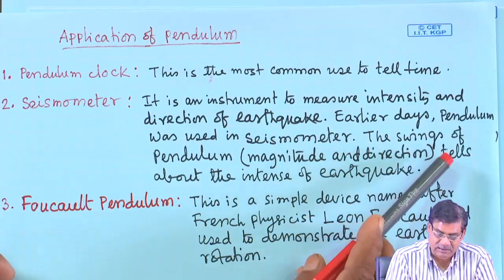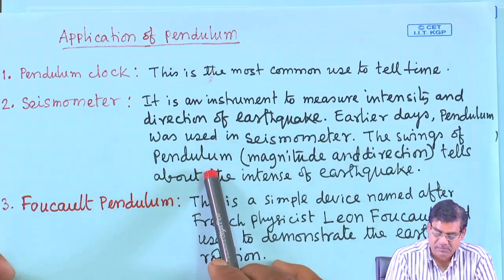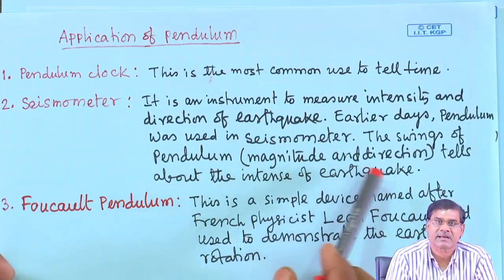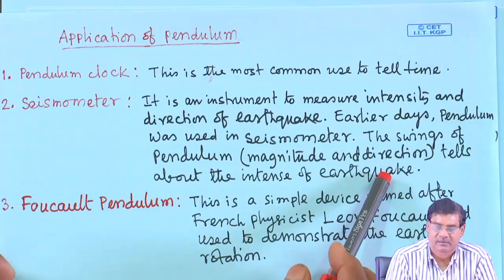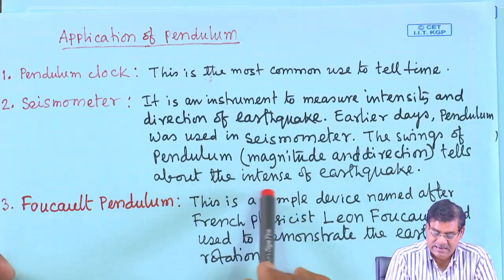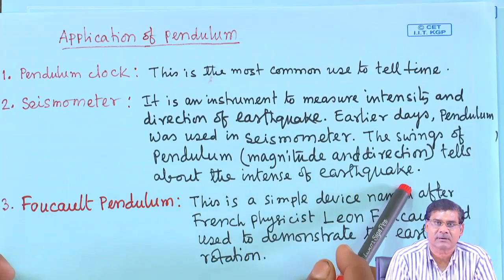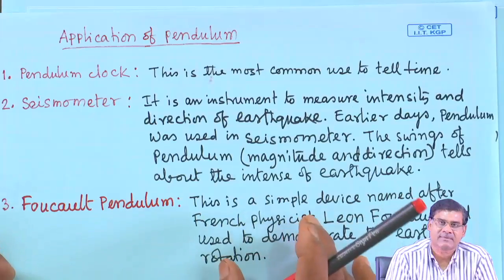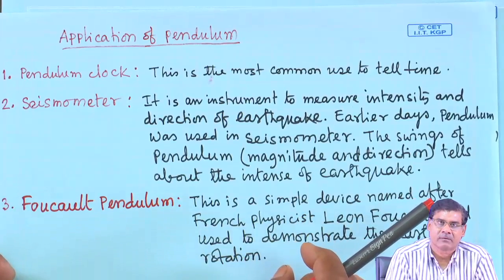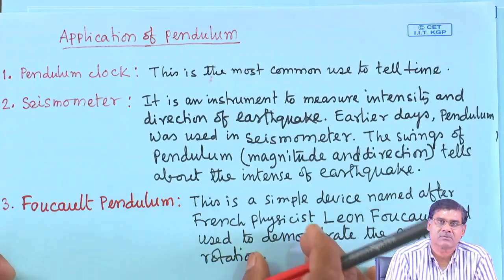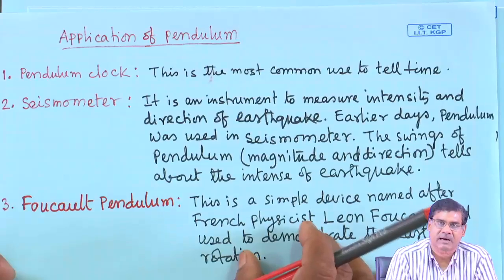The swings of the pendulum, meaning magnitude and direction, tell about the intensity of the earthquake. Earlier days, basically, the pendulum was used to sense the earthquake.